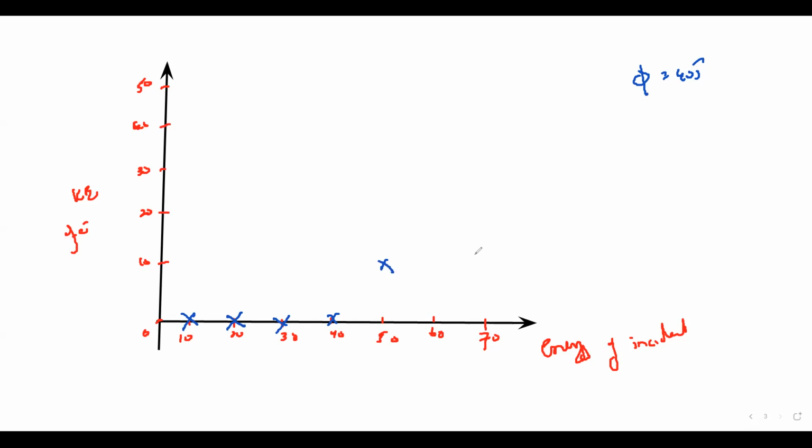The formula is: energy of the incident light equals work function plus kinetic energy of the electron. If the energy of the incident light is 60 joules, the work function does not change, so it is 40, and the kinetic energy will be 20. When the energy of the incident light is 70, the work function remains 40 and the kinetic energy is 70 minus 40, that is 30.